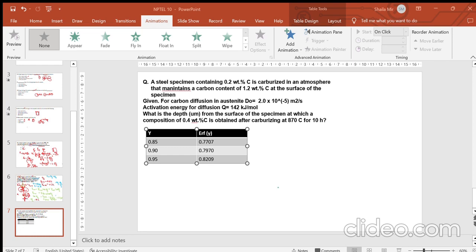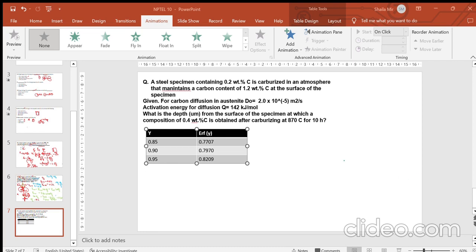So first you try to solve this diffusion coefficient value. How will you do that? We will put the value of D naught, which is given as 2 into 10 to the power of minus 5, times e to the power of minus Q, where the activation energy is 142 kilojoules per mole. We write Q as 142 into 10 to the power 3, converting kilojoules to joules.